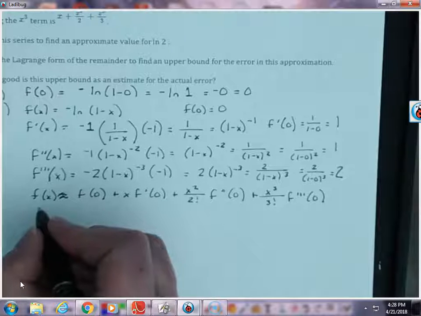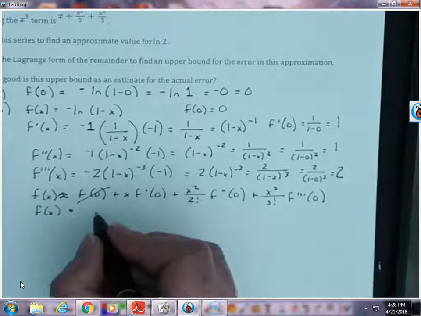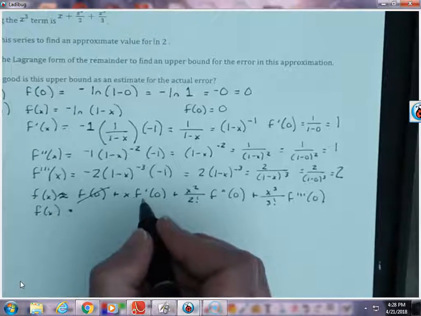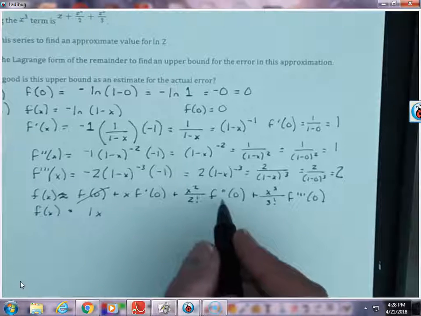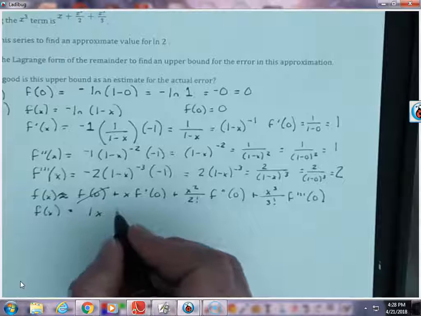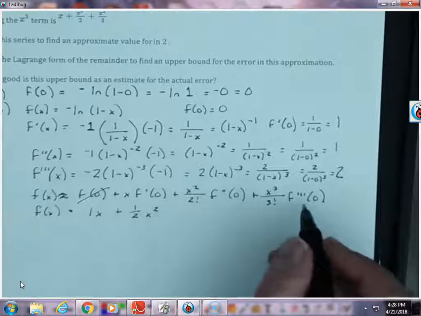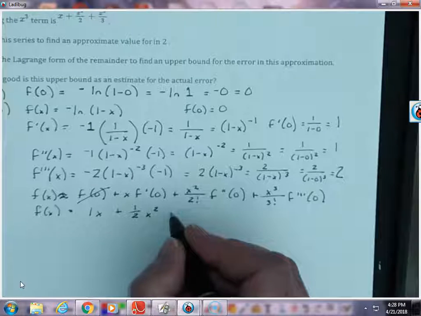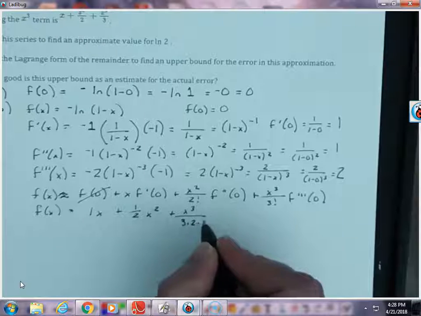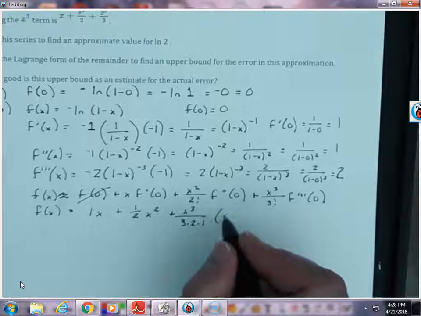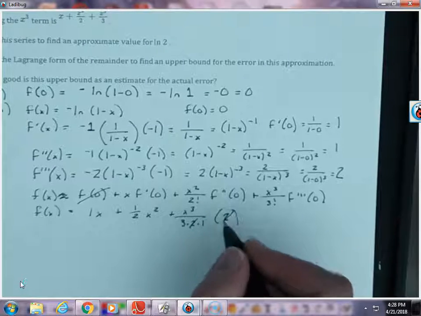Okay, and so just substituting into there, f of 0 was 0, and so here I would have f prime of 0, which was 1, so 1x, and then f double prime of 0 was also 1, 2 factorial is just 2, so 1 half x squared. f triple prime of 0 was 2, so there we have x cubed, we've got 3 times 2 times 1 is 3 factorial, and then we have our triple prime of 0 is 2, so the 2's cancel.